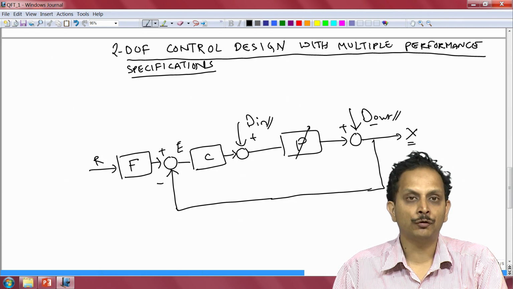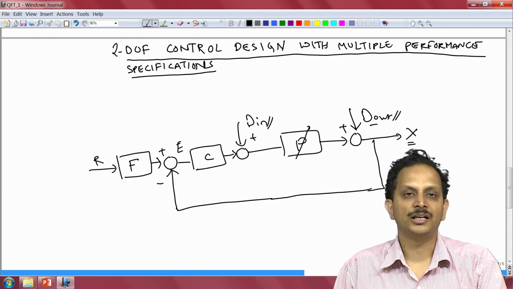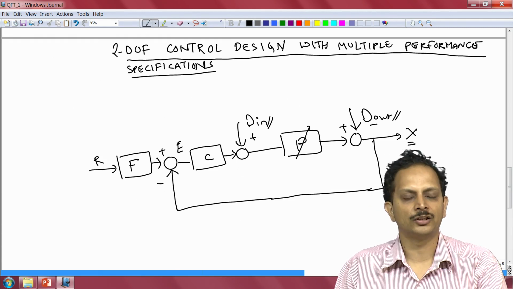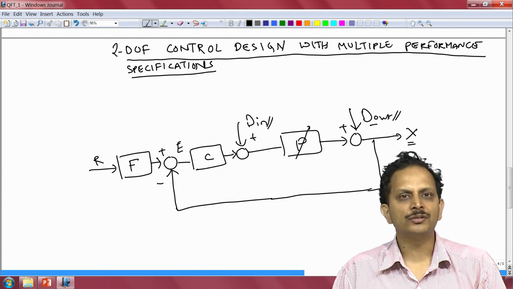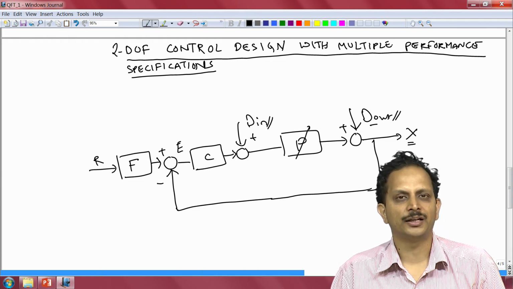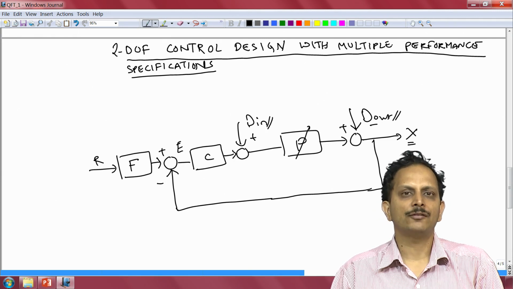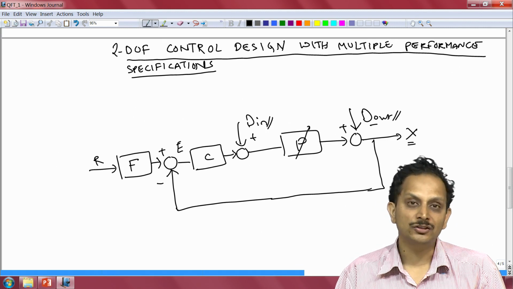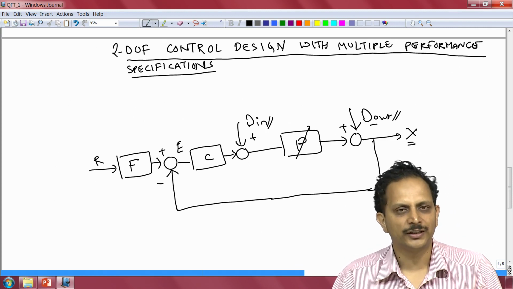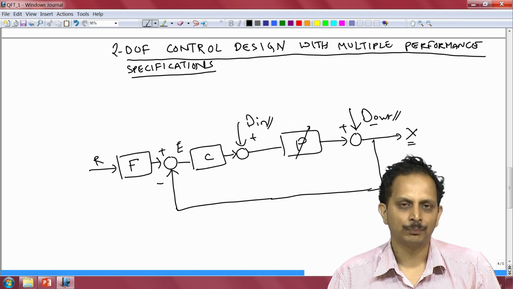So, what we shall introduce in this clip is a new tool called a Nichols plot, which allows us to address some of the important limitations of the Nyquist plots, and enables us to represent the constraints imposed by the performance specifications in a transparent manner.